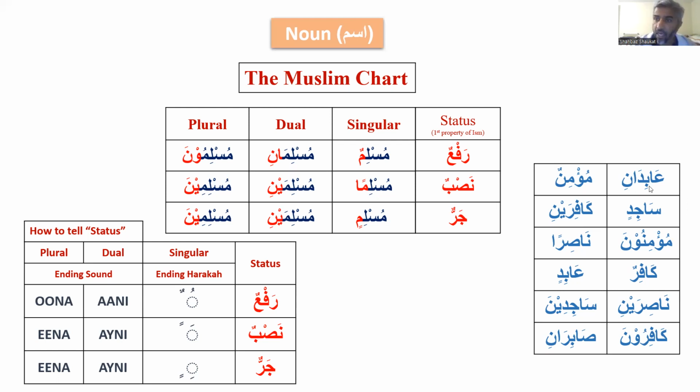Starting with Imad. Abidani. Abidani is Rafa. Very good. Why? How do you know it is Rafa? The ending sound is Ani. Very good, Imad. Abidani means two worshippers. Yes. All right. I go to Adil. Adil. Sajidin.